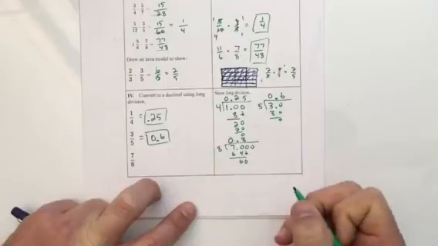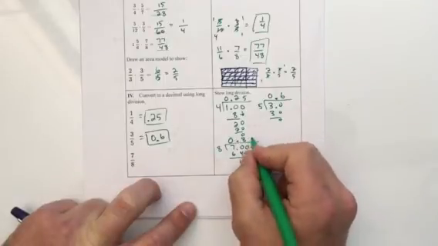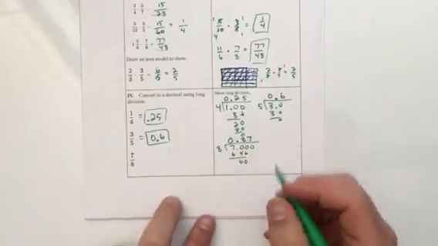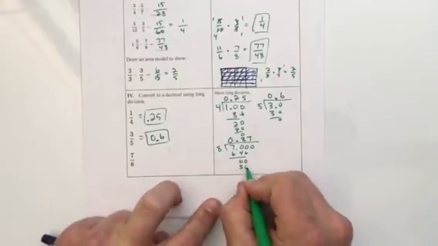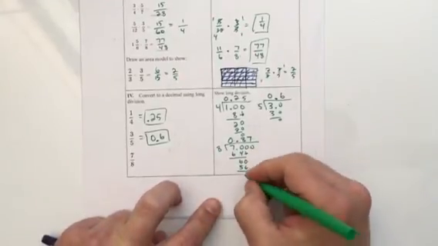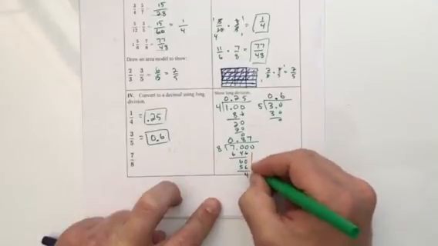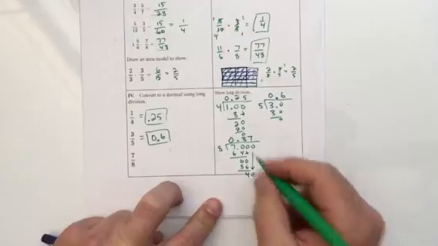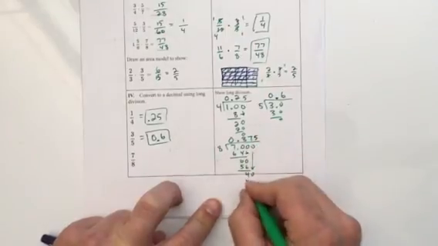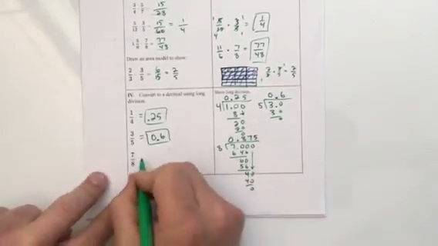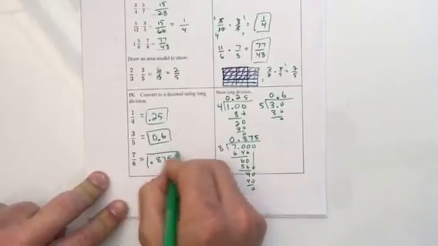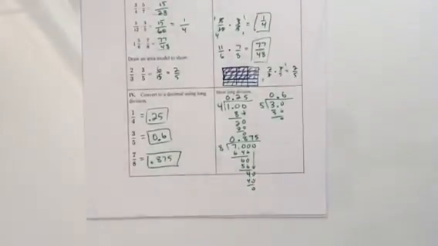We have 60. 8 goes into 60 7 times. 7 times 8 is not 54, but it's 56. A lot of you said 54 there. Remainder of 4, bring down the 0. 8 goes into 40 5 times with the remainder of 0. So 7/8 is 0.875 or 875 thousandths.